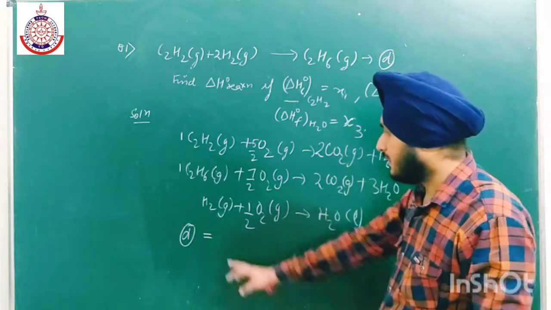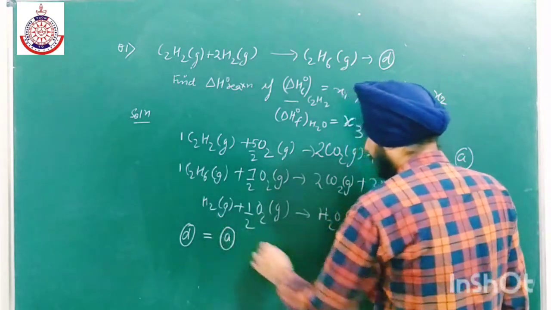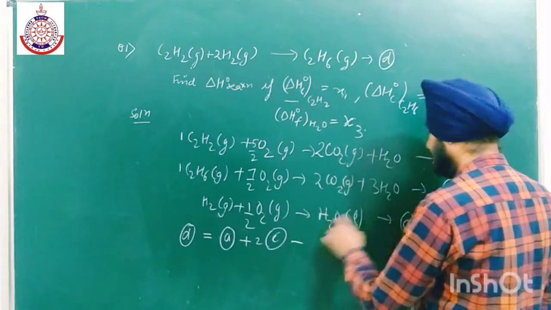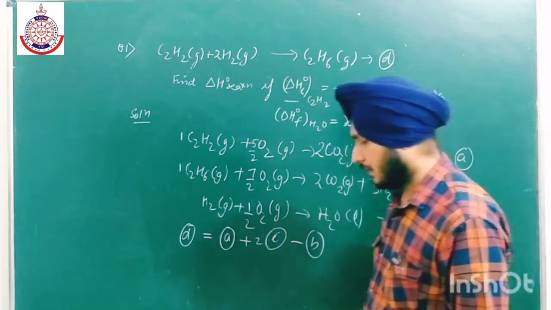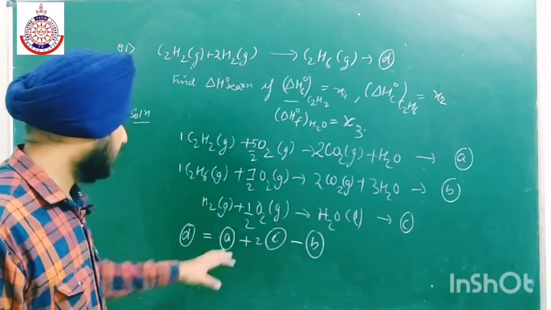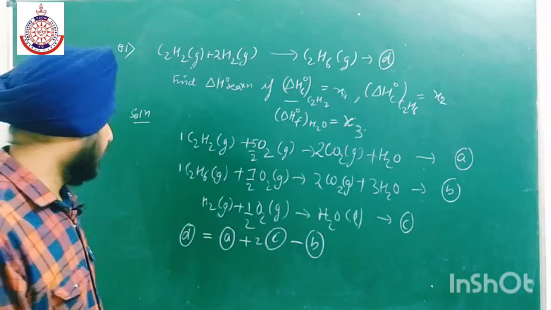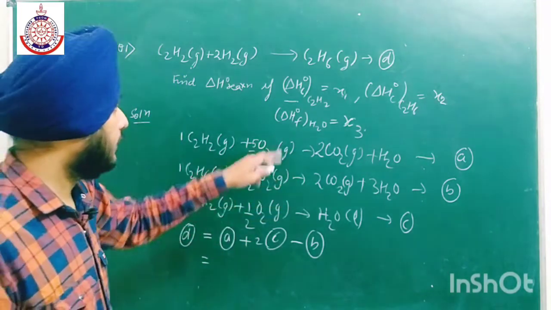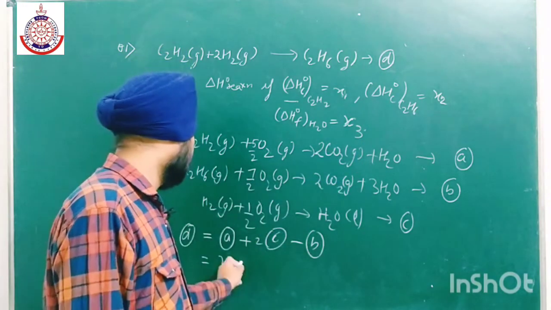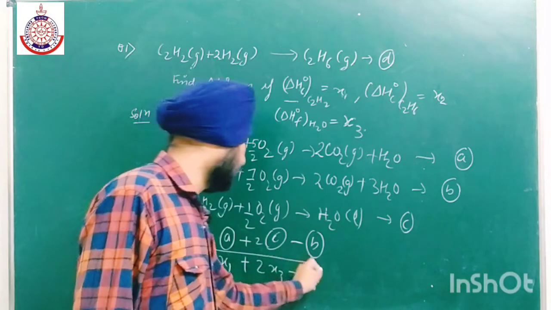So firstly, I'm writing the equation: D is equal to A plus 2 into C minus B. Okay, so you can try this once yourself. You have to solve the left side separately and the right side separately. Then if we apply A plus 2C minus B, you will get D. And we all know that for A we have x1, for B we have x2, and for C we have x3. Okay, so this is the correct answer.